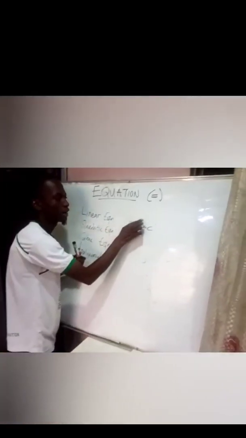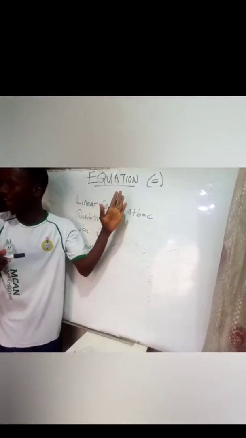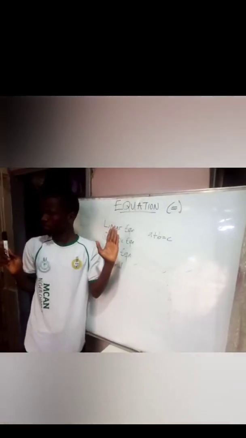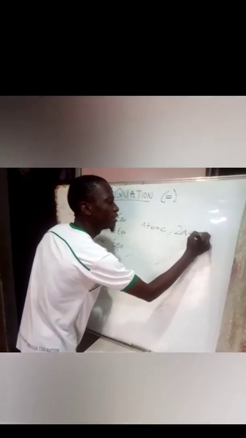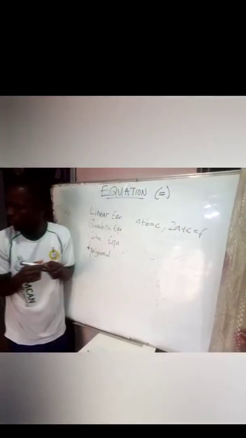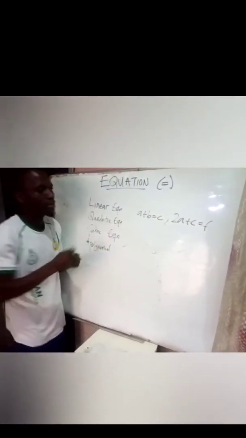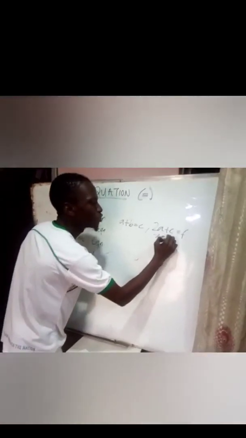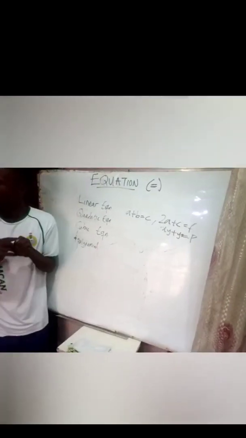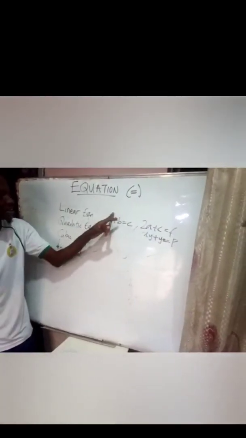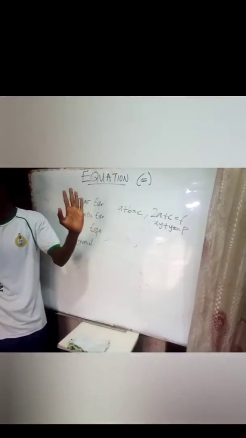And when it is 1, you do not write it. So this is what? Linear equation. Is it clear? It can still be 2a plus c equals to f. You can combine everything together. In fact, it can be xy plus yz equals to p. This is still what? Linear equation, provided their raised to power is still 1.